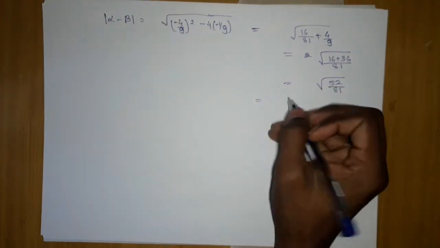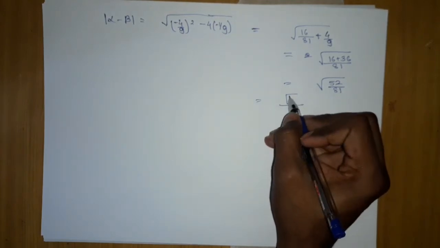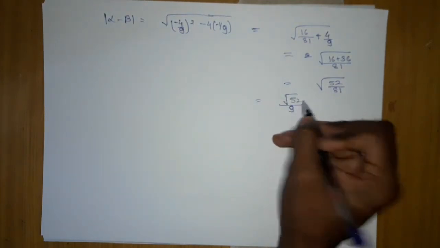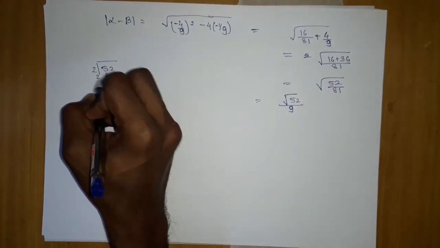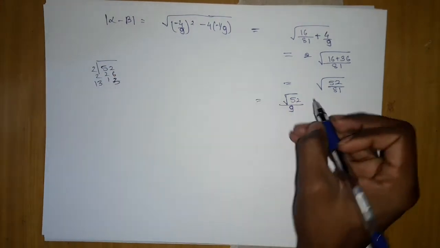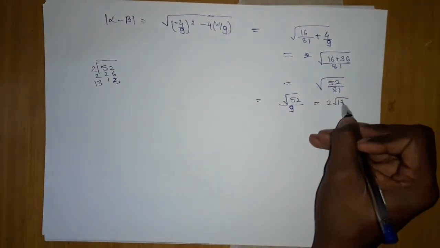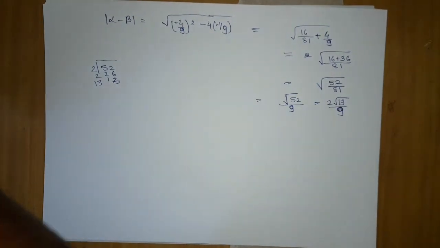If I further break it, this will be upon 9, under root 52. If we break 52, we get 2 into 2 into 13. So we can write this as 2 into under root 13 by 9. After simplifying, we got 2 into under root 13 by 9.